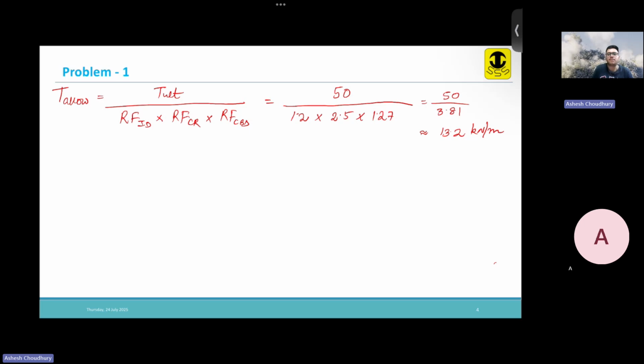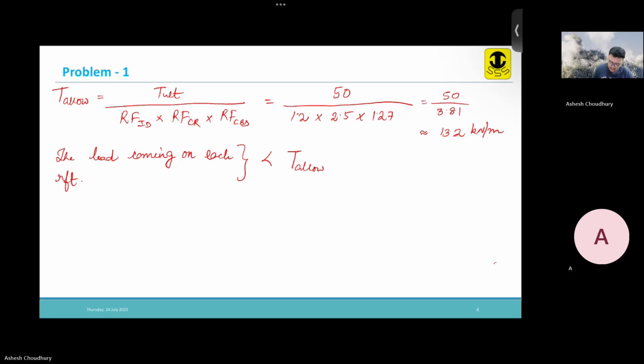To prevent rupture, as you recall from yesterday's class, we need to ensure that the load coming onto each reinforcement, or the geotextile in this case, at any depth has to be less than the allowable tensile strength, to prevent rupture.